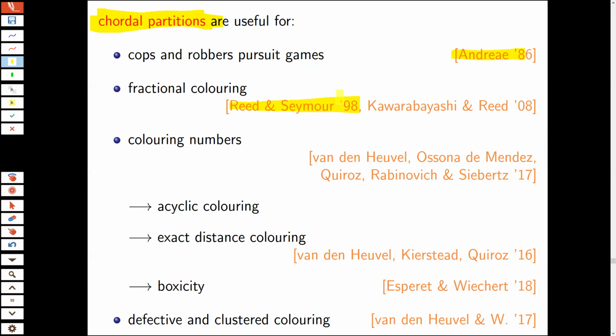That's where I learned about it, and it's been used by lots of people ever since. And it's a very important tool. If you ever want to study a minor closed class, and you care about the dependence on the excluded minor, then look at chordal partitions, because you avoid all the big constants that come from Robertson-Seymour graph minor structure theory.